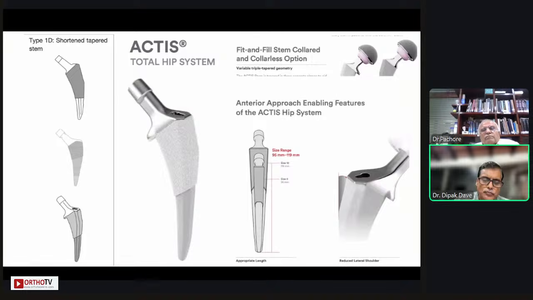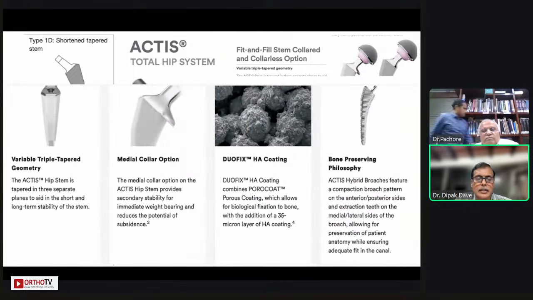The geometry is such that laterally it is shaped almost like a hexagon, with a lot of importance given to the length and the shape, with some collar in it. It is mainly for the direct anterior approach, and the coating is dual coating.